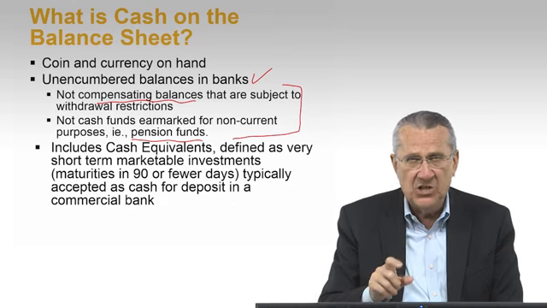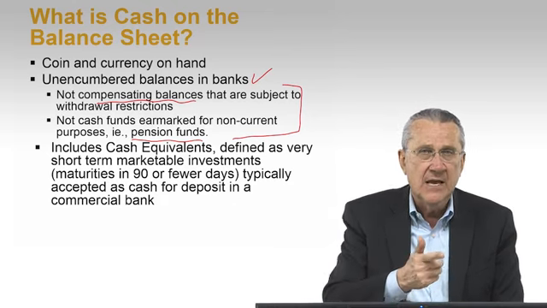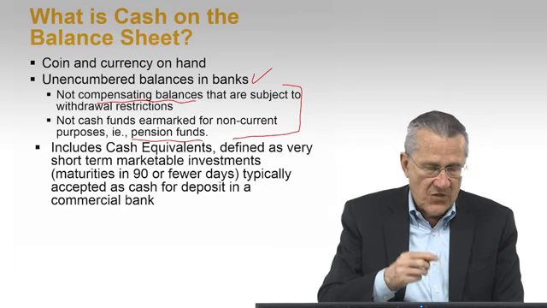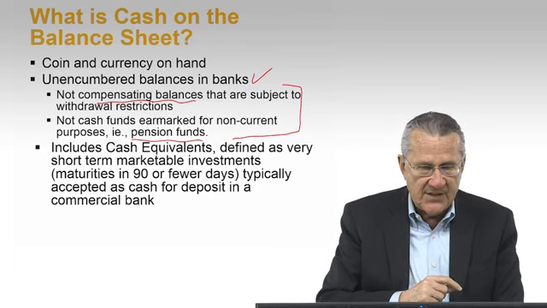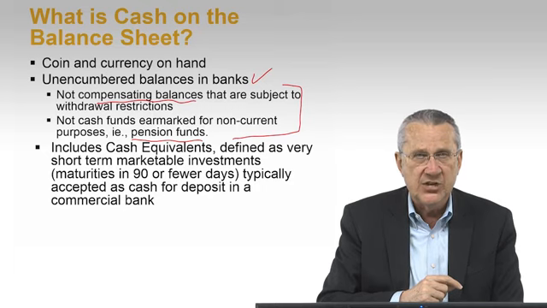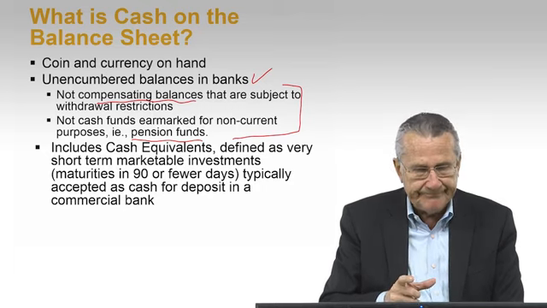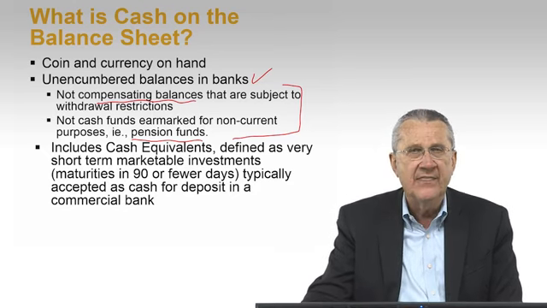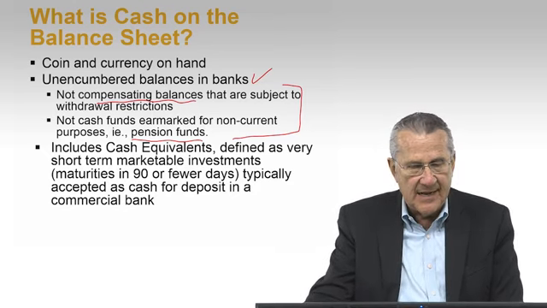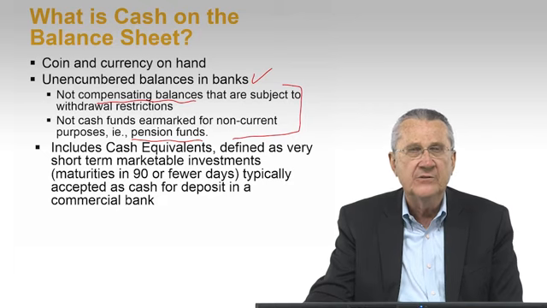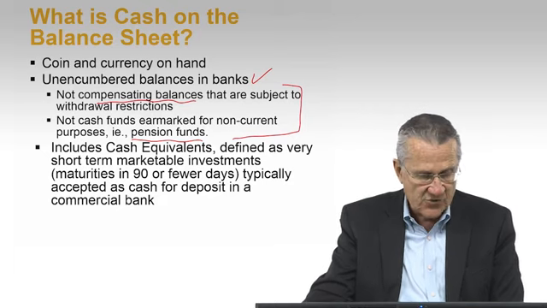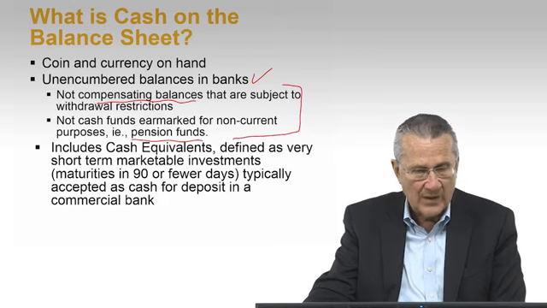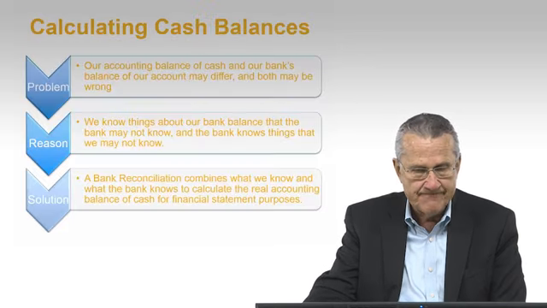There may be a delay until the amounts are collected, but nonetheless, they are appropriately treated as cash on the balance sheet. So it's a little more complicated than I think you might have guessed, our desire being not to confuse or mislead the financial statement reader about what the dollar amount here might be.